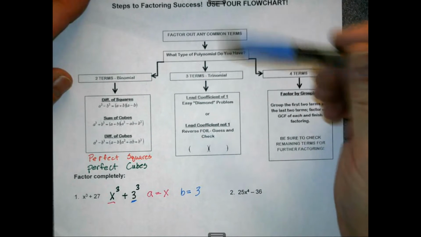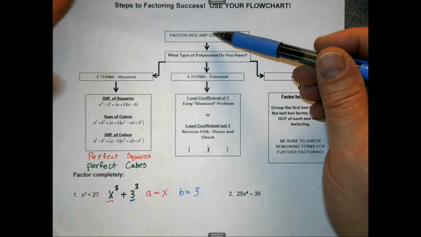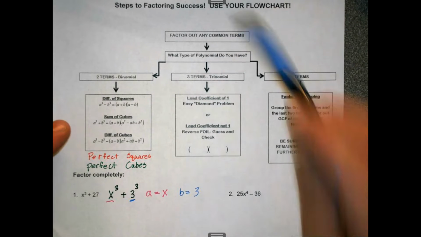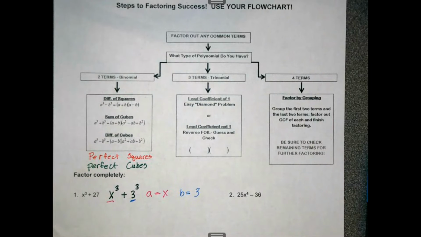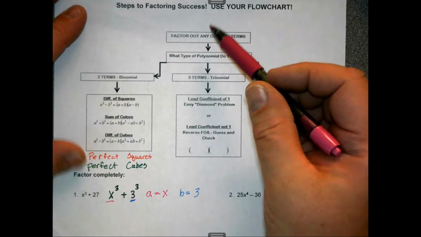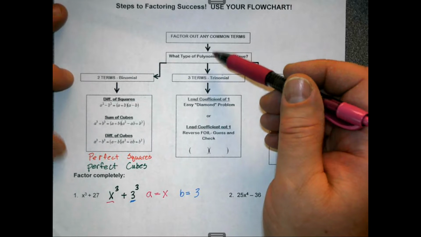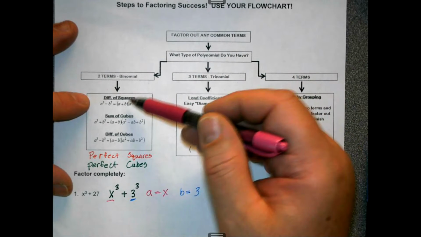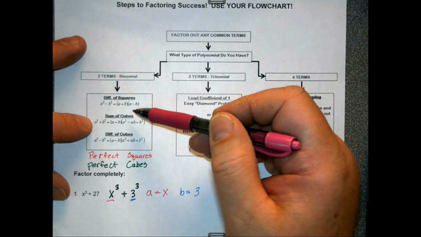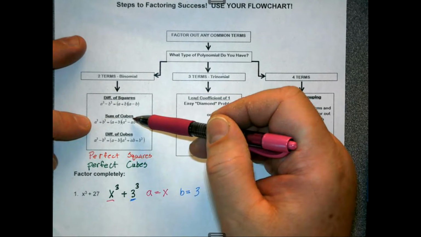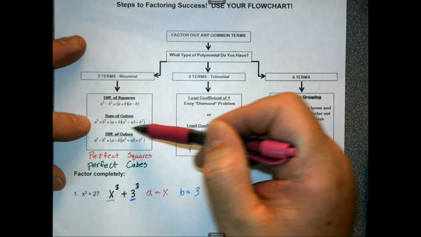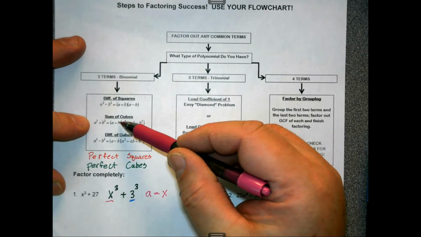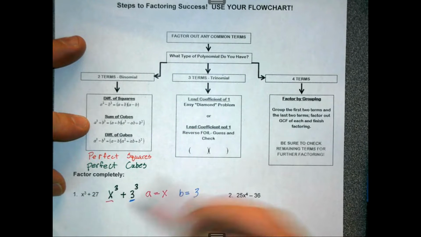As I went through my flow chart before I started this problem, factoring out, I couldn't factor out any common terms. I have a binomial, so it's one of these three. This happens to be a sum of cubes, so I follow this formula. I have a plus b, because this is a sum.